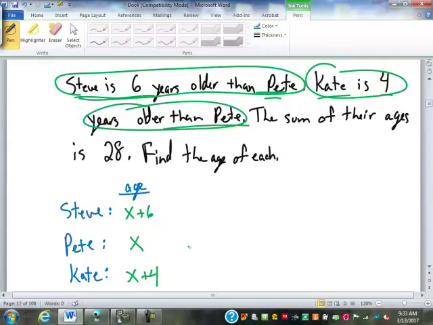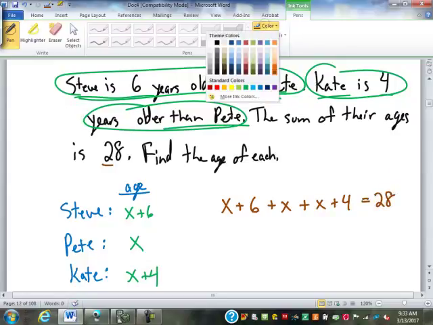Take Pete's age and add 4 to it. So now we look for the relationship. The relationship is the sum of their ages is 28. So that means they add up to 28. X plus 6 plus X plus 4 equals 28.